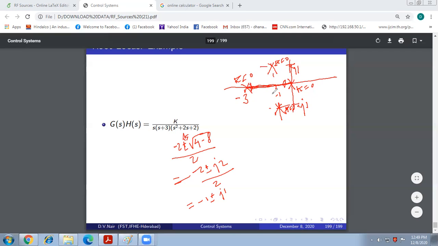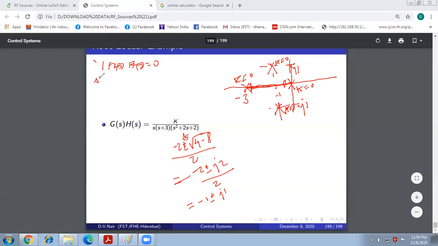So what we do here, we have got all the branches. So let us quickly determine the breakaway point. For the breakaway point, we make use of the characteristic equation. We know that it will be 1 plus GsHs equal to 0. Now this will be giving us an equation with k, like we have seen earlier.